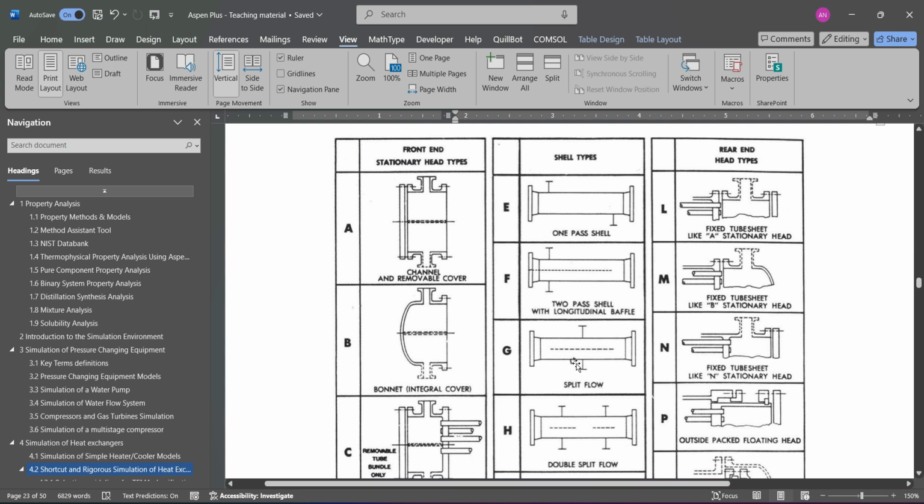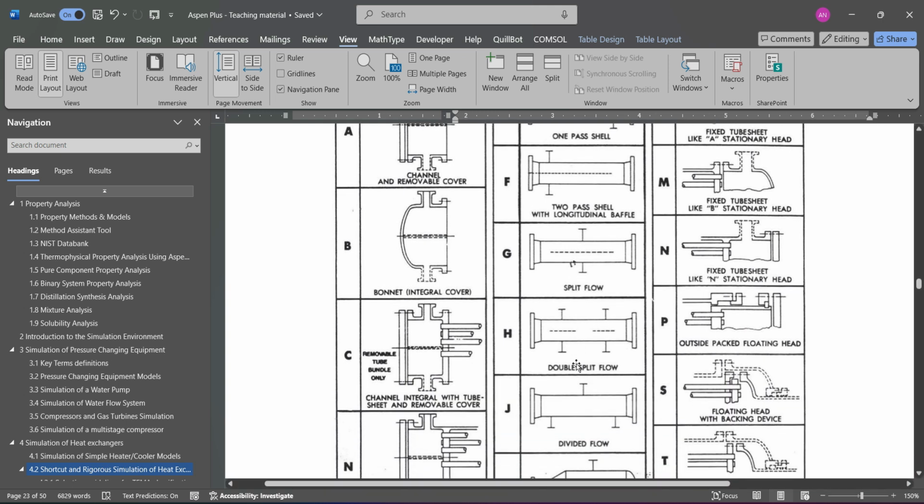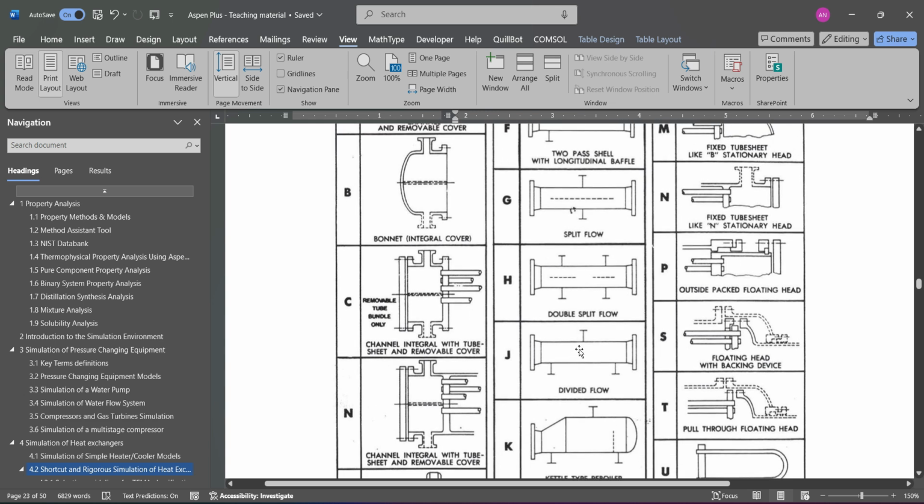In the split flow, the inlet nozzle is always in the center, and the outlet nozzle is also in the center of the shell. But inside the shell, the flow splits between left and right regions, or the front end and the rear end of the heat exchanger. And also there are replicas with the double splits and the divided flows.